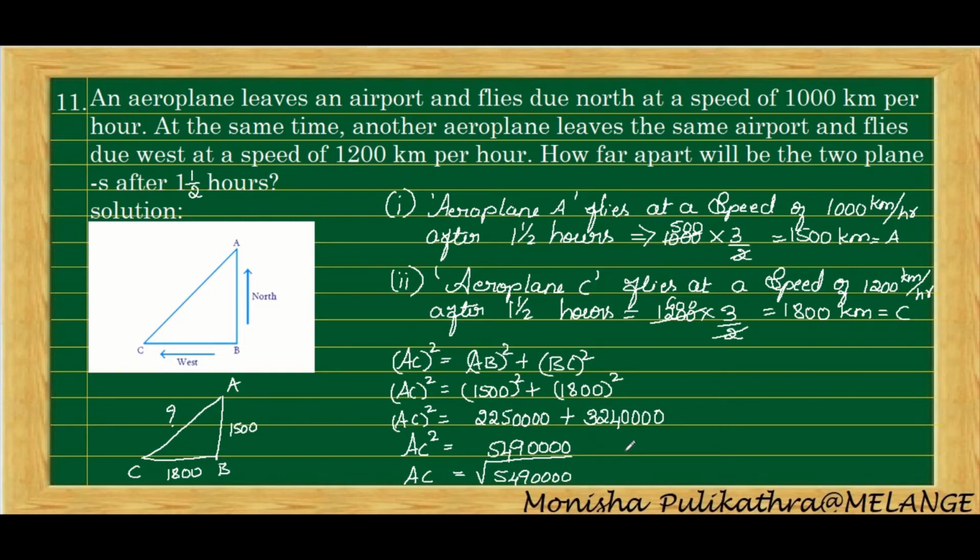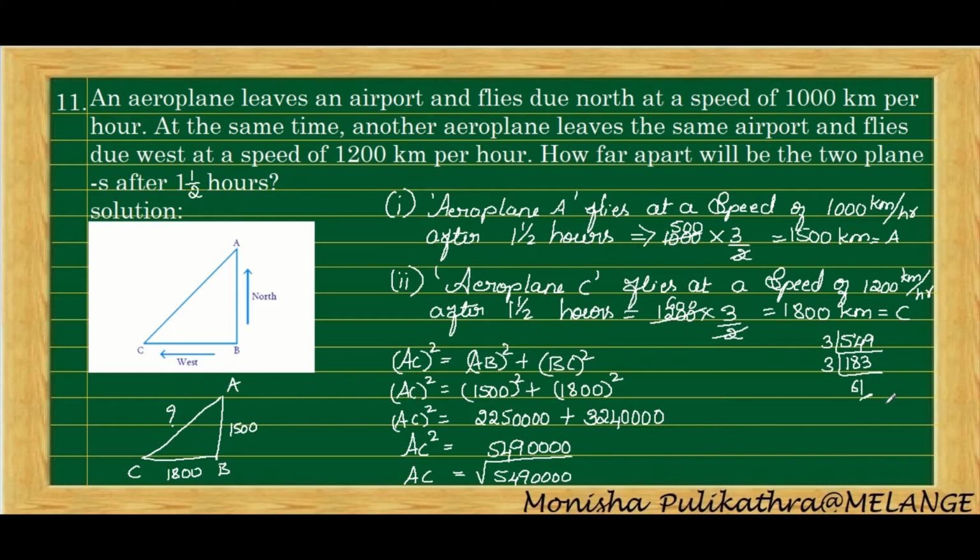Now we need to find the square root of it. So how do we find the square root? Just write 549 here, then find the factors of it. 3 ones are 3, 3 8s are 24, 3 3s are 9, 3 6s are 18, 3 ones are 3.